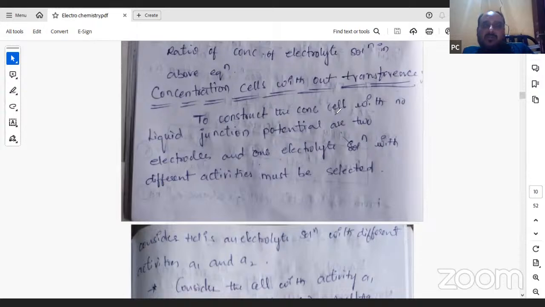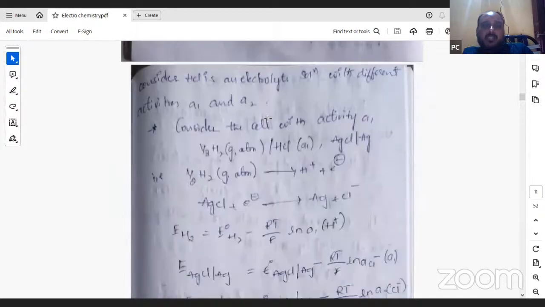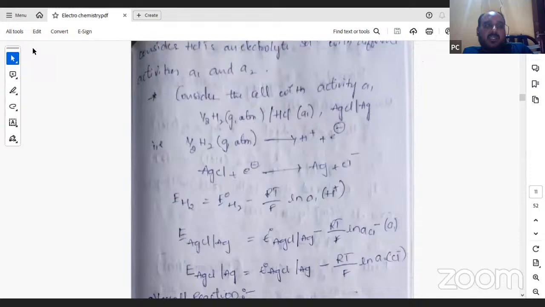Here, to construct the concentration cells with no liquid junction potential, two electrodes and one electrolyte with different activities must be selected. So what are those electrodes? What are those electrolyte solutions? We'll see. Similar to the chemical cells without transference, right?